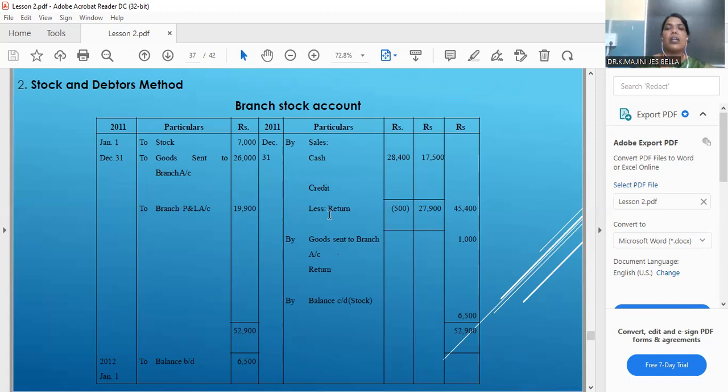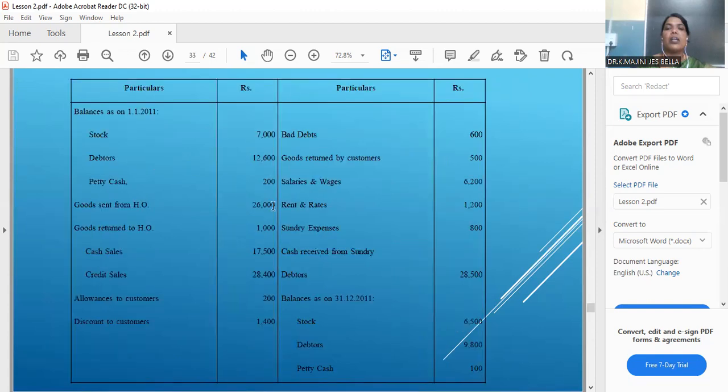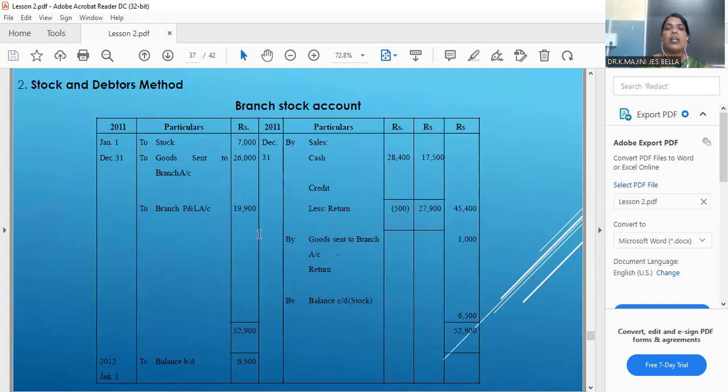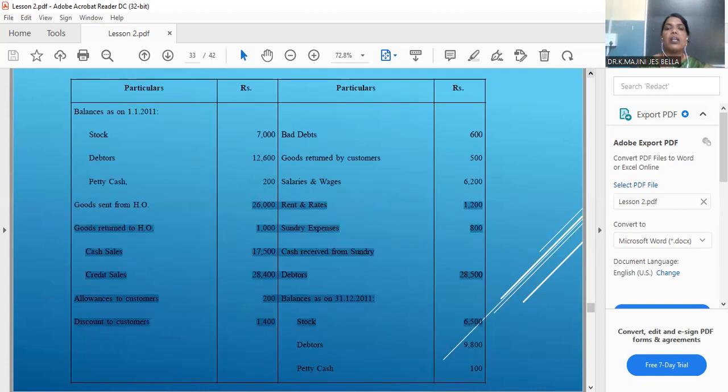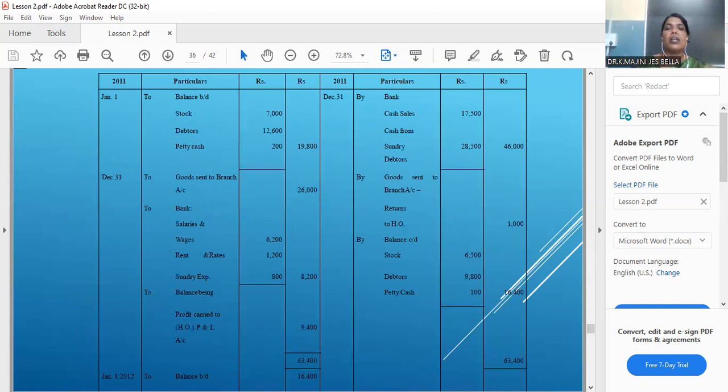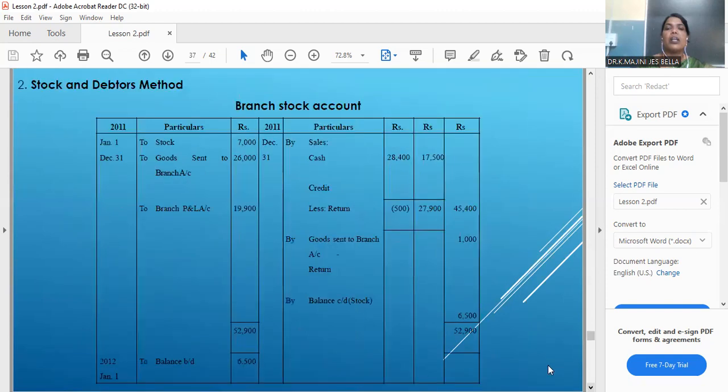So you can write here stock 7,000, books and batch, stock 7,000. Subtract the 500, put the total, and then put the outer column 5,000.